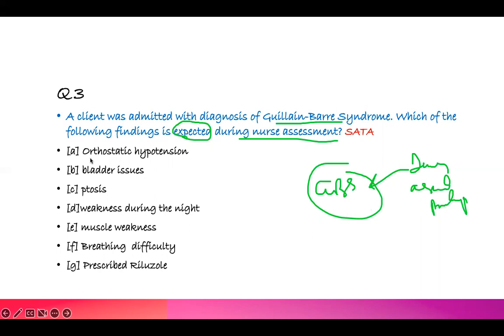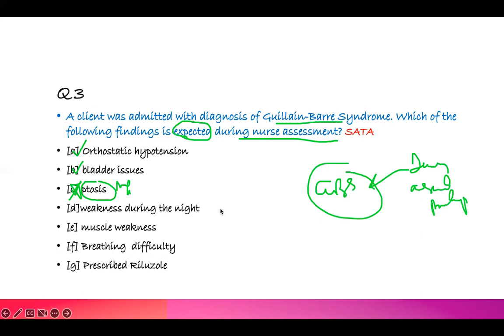Orthostatic hypotension is expected. Bladder issue is expected. Ptosis, you know, is Myasthenia Gravis. No, so wrong. Weakness during the night? No, they're weak throughout the day.